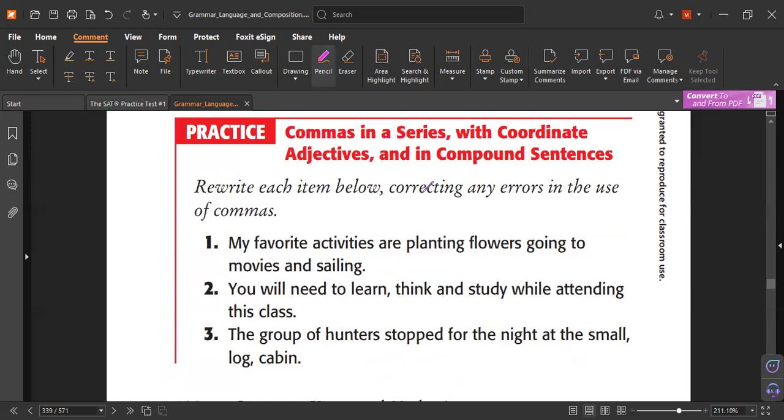Write each correct, fixing any errors. In number 2, do we have any errors? You will need to learn, think, and study while attending this class. I think that after think we should add a comma.